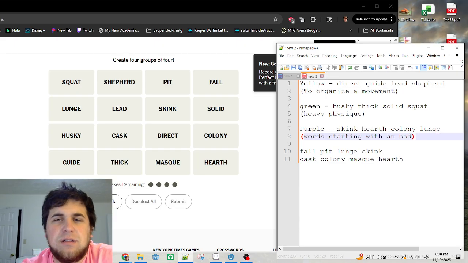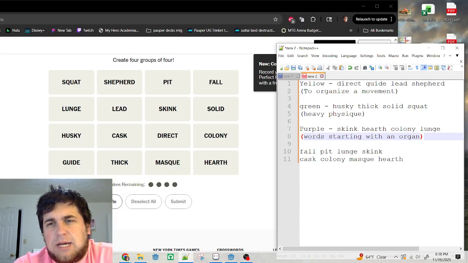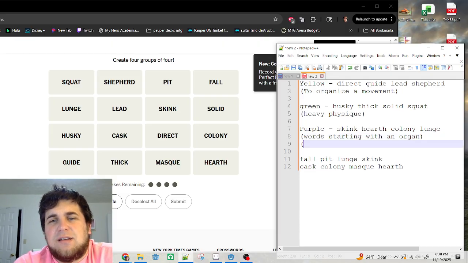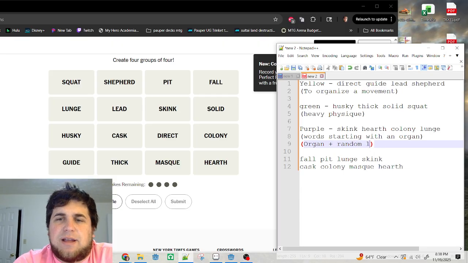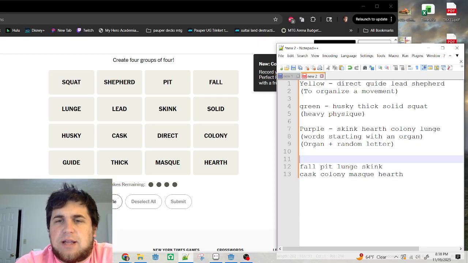I mean, organ. We know what I mean, body part. We could say alternatively, and I'll allow this, though it really is just me saying the same thing, organ plus random letter. Because that's kind of the structure here, right? It starts with an organ and then ends in a random letter.